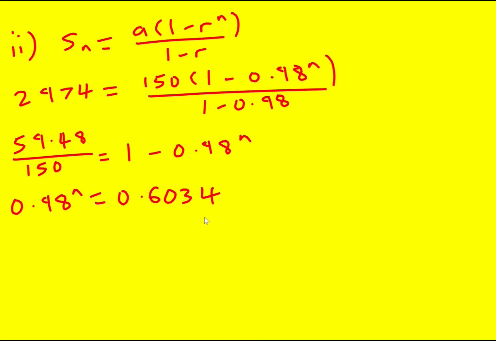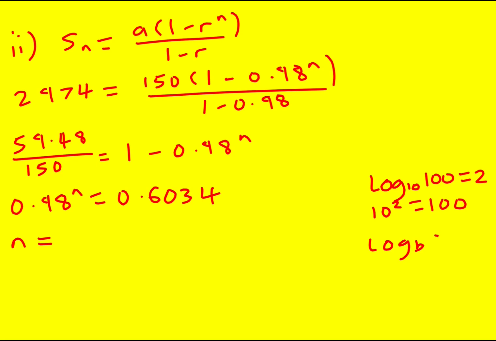So I'm going to take logs. Actually, you can either take logs to both sides, or if you remember, basically, let's do an example. Log to base 10 of 100 is equal to 2, because 10 to the power 2 is 100. And actually, that's another way of writing it. So what we could instead write down is log to base b of c is equal to a.